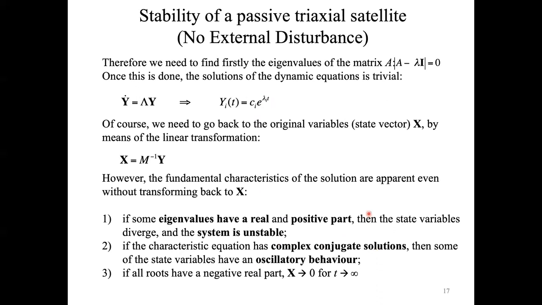As we have seen for the pitch angle only, if lambda in the problem of the roll and the axis have complex conjugate solutions, also in this case we are going to have an oscillatory behavior. But if those eigenvalues of the equation have a real and positive part, the system will be unstable. We're going to see in the next hour what are the conditions of stability and instability.